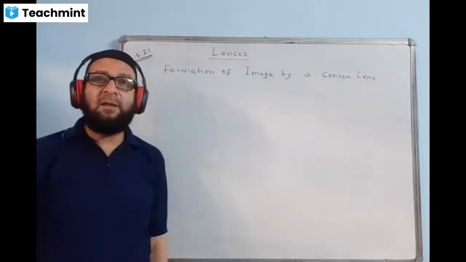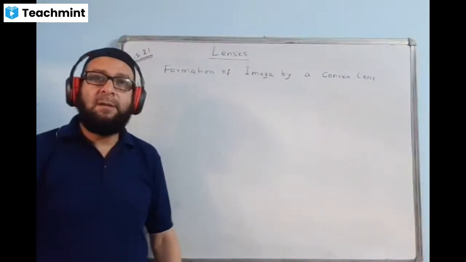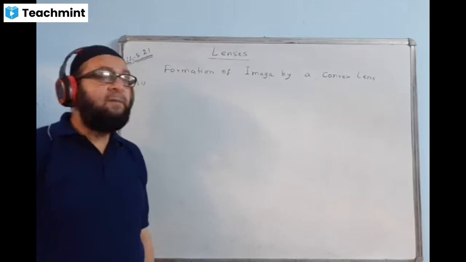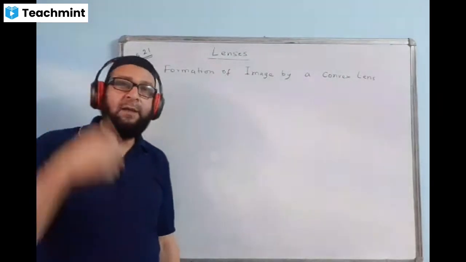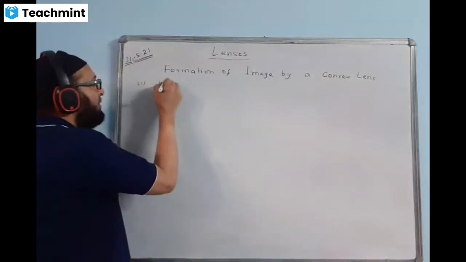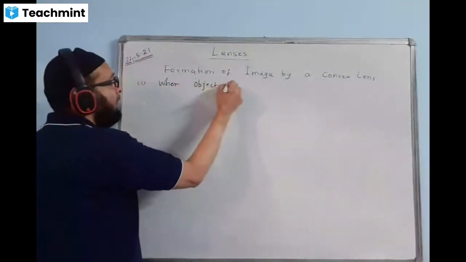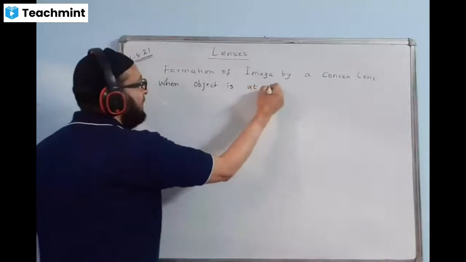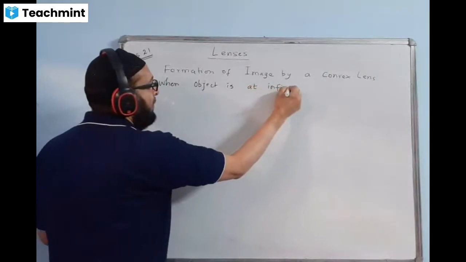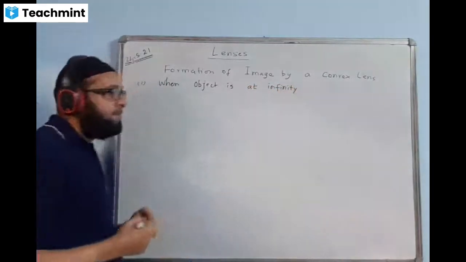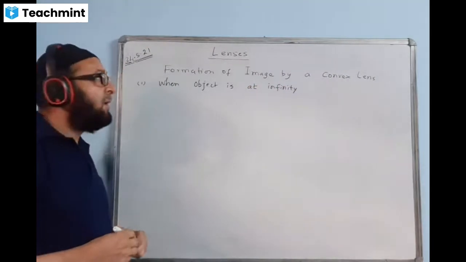I think you would remember them from class 8. The first case is when the object is at infinity. You can write down: first case is when the object is at infinity, that means when the object is very far.